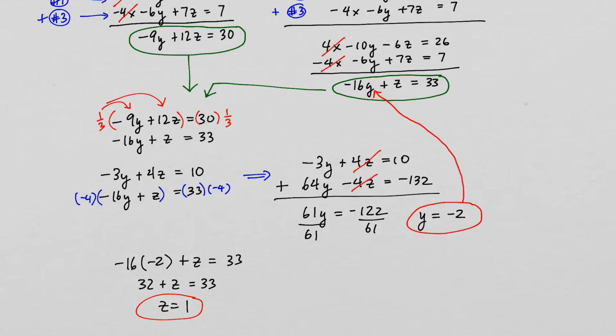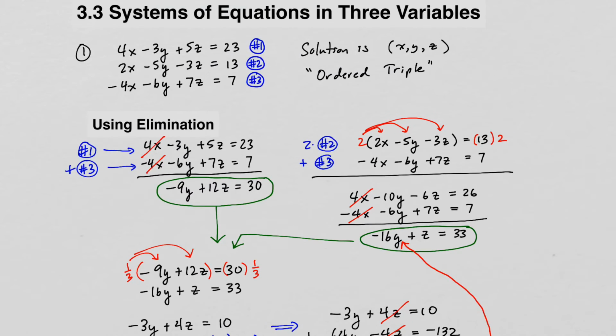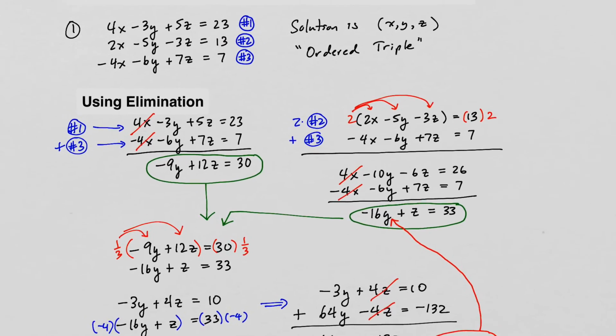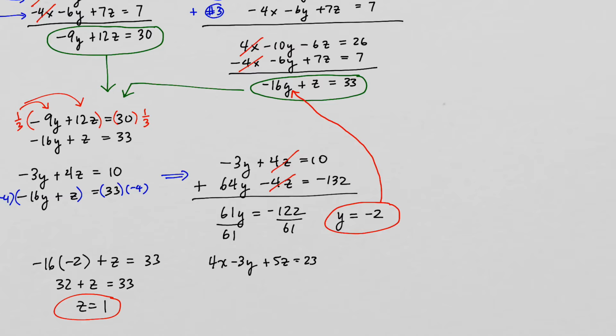And to solve for x, we have to go back to the beginning of the problem and use one of the original equations. And I'm just going to use the first equation, which is 4x minus 3y plus 5z equals 23. Let's write that down here. Okay, so here is the first equation.